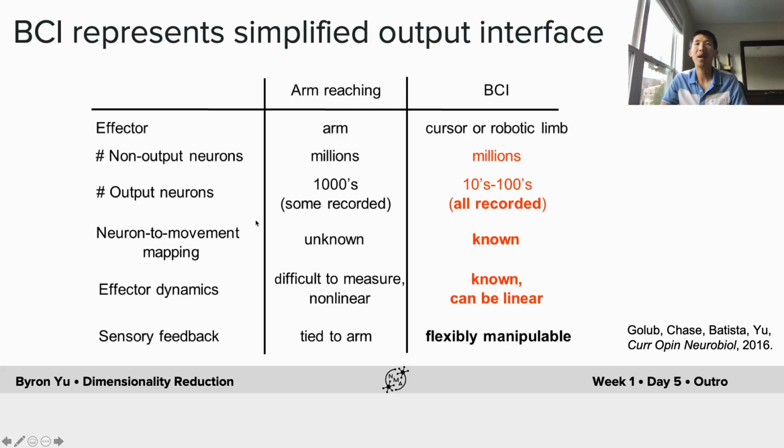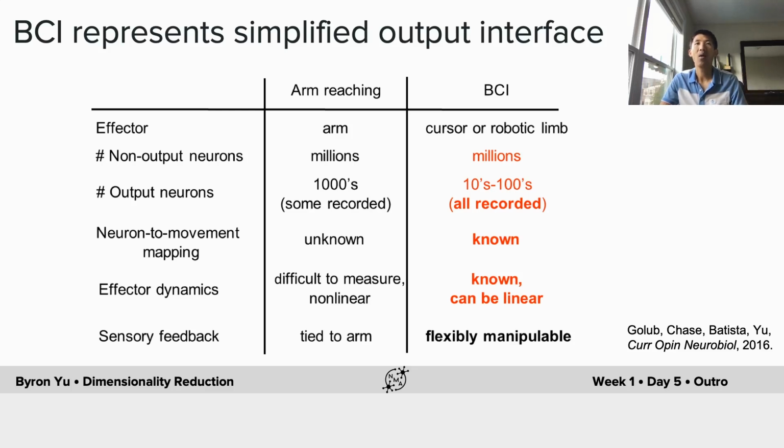All right, so let's come back to this table. Under a BCI, the effector is now the BCI cursor or robotic limb. There are still millions upon millions of non-output neurons. These are still all the neurons in the brain. And one thing to realize here is, by the way in which we've set things up, we get to record from all of the output neurons by definition.